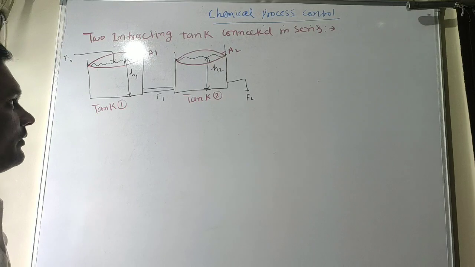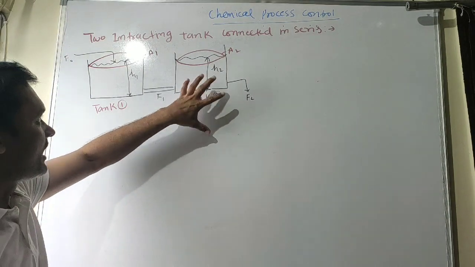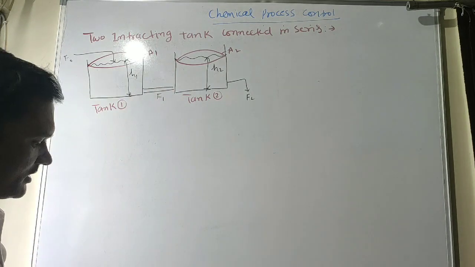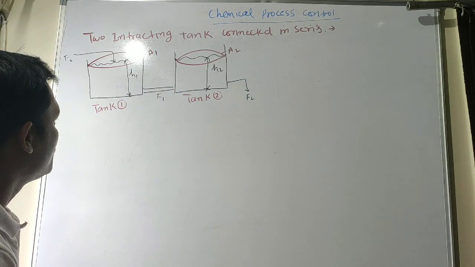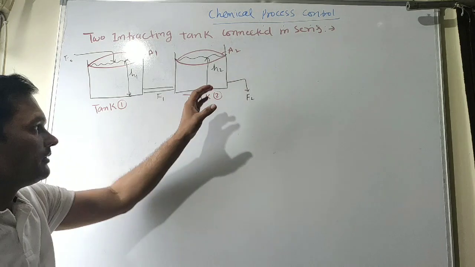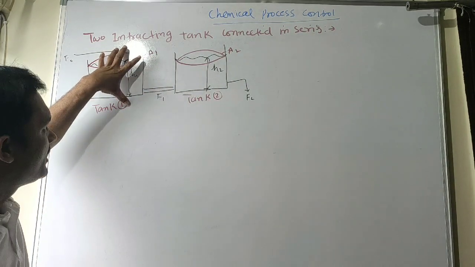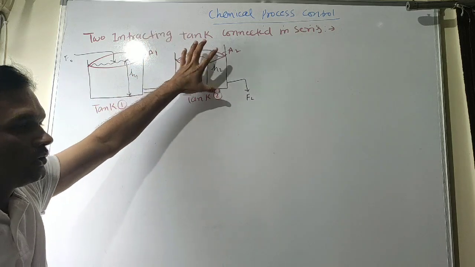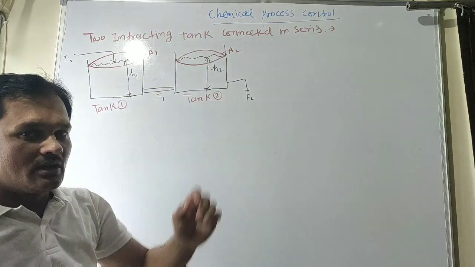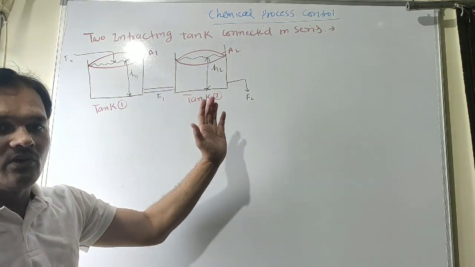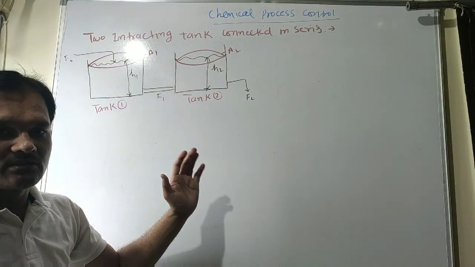Now we have to find out the transfer function of this system or this process. So first of all, we have to apply mass balance on tank 1 and tank 2 to get the model equations, introduce the deviation form and take the Laplace transform.